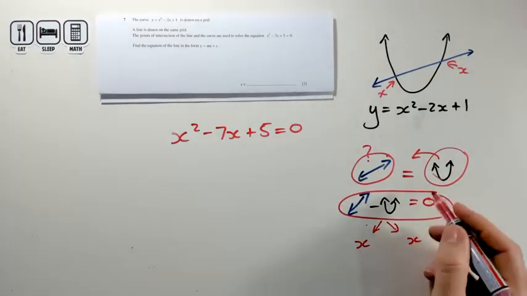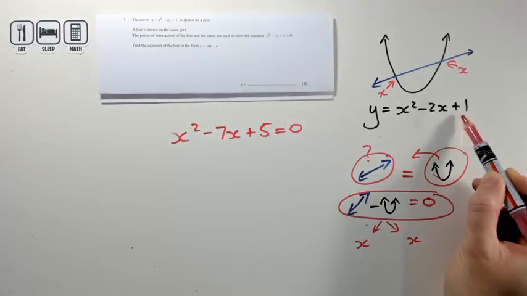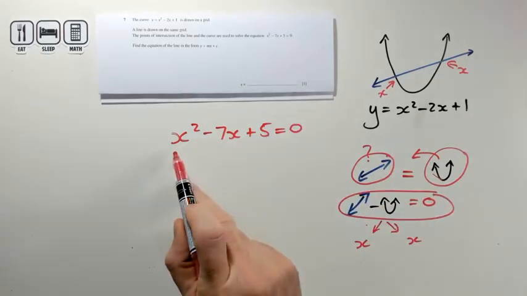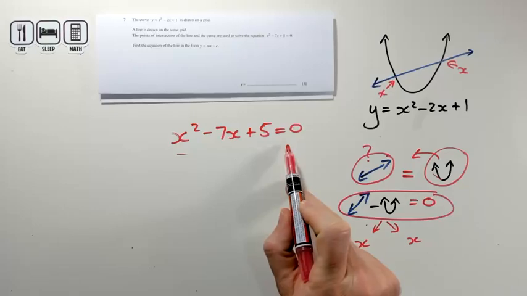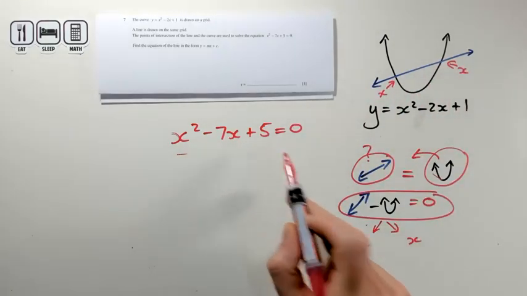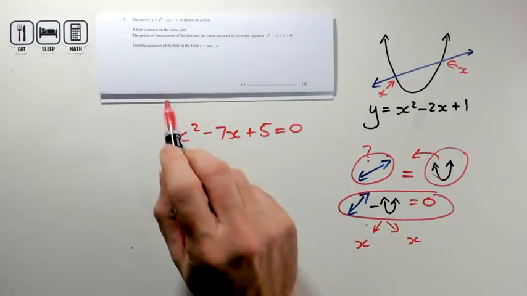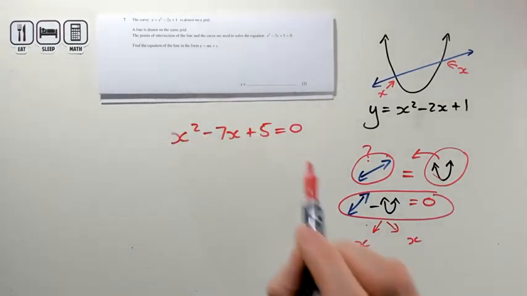But the point is, in this question, they gave us the equation of the parabola and the combined one. They're saying this equation is used to find the x coordinates. So if we factorize this, we would find x coordinates. But now they're saying, hey, what was the line? What's the actual line that was combined with this?